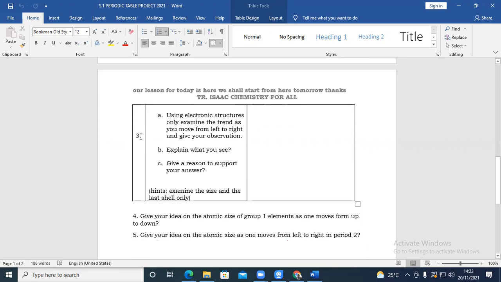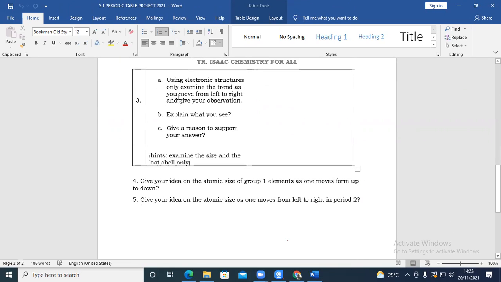So 3 is saying, using electronic structures, those electronic structures you have drawn, examine the trend as you move from left to right and give your observation. I think you have made the observation already, isn't it?